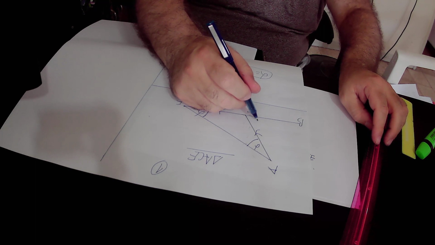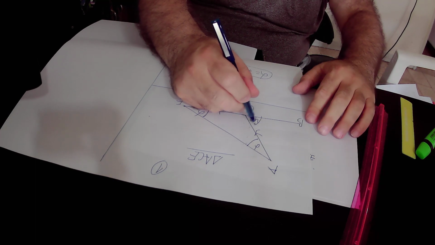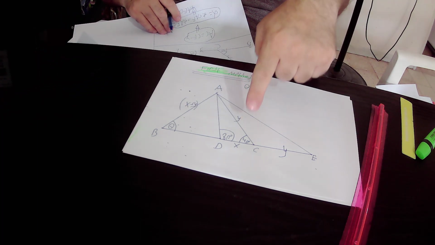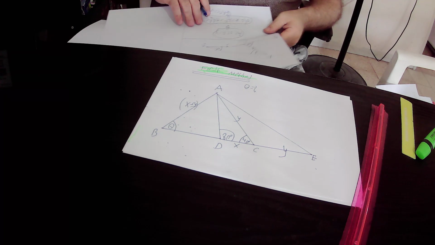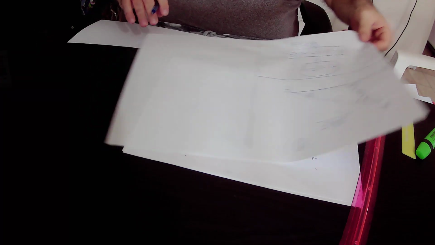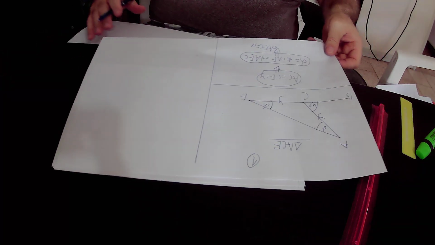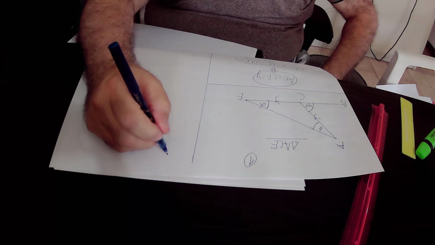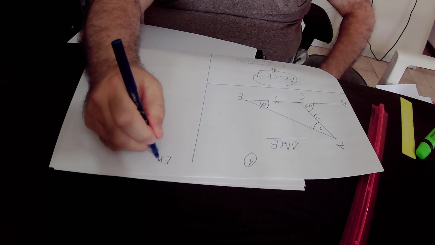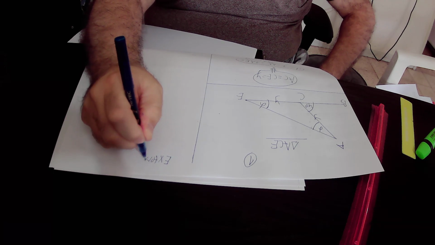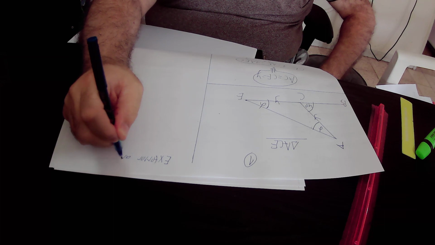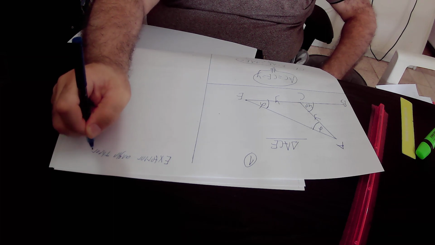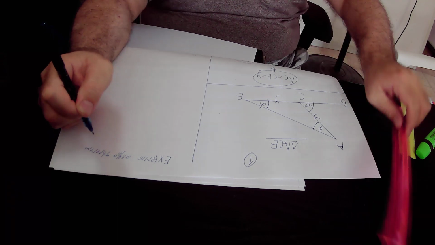So this is angle ACB, a copy from the original drawing. And we know that angle ACB equals 40 degrees according to what is given as the equation. And we have here the exterior angle theorem. So what is the exterior angle theorem?